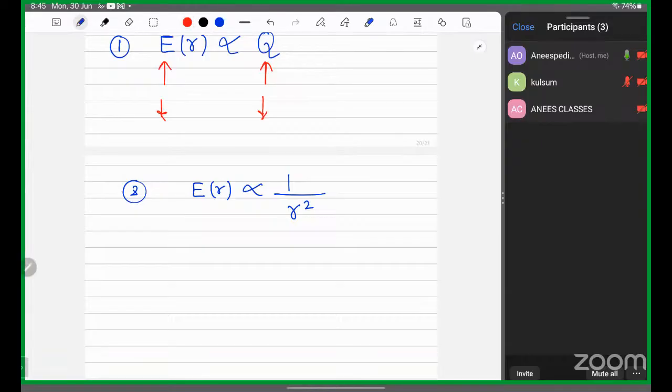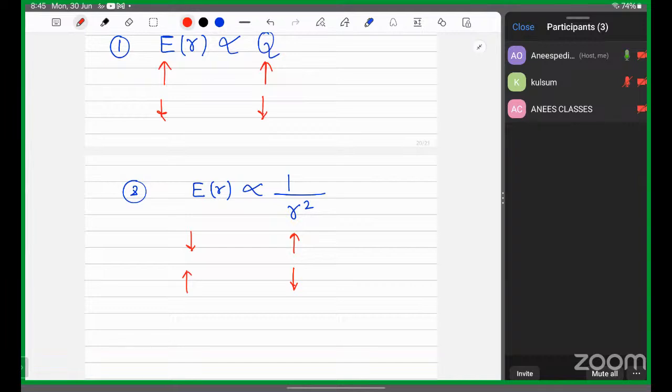E is inversely related with R, which implies that if you increase the distance, the electric field will decrease, and if you decrease the distance, the electric field will increase. So if you go far from the source charge, the magnitude of the electric field decreases, and if you come near to the source charge, it increases.